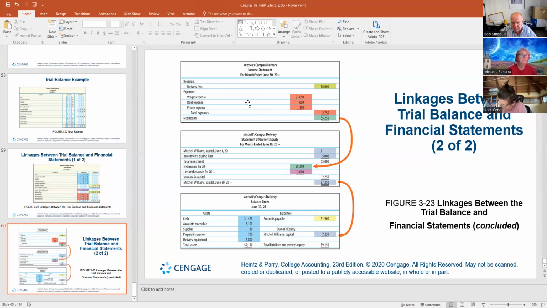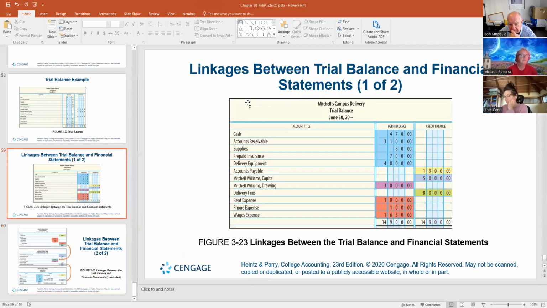So let's go back and look at the trial balance here. Owner's equity, I see 5,000. That's at the beginning. This is what the balance was at the end of the month. That becomes our beginning for closing purposes. And he had drawing of 3,000. So let's see how that works out.